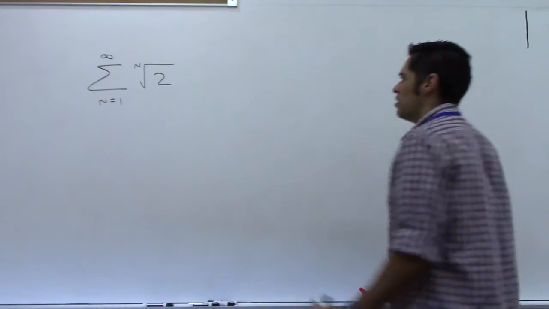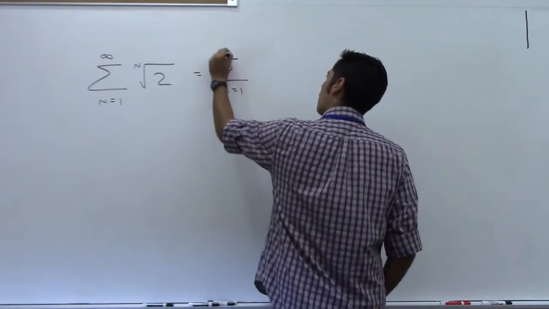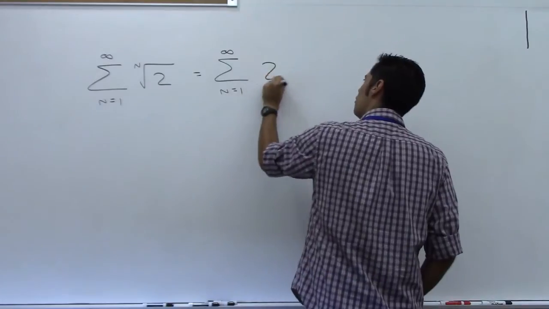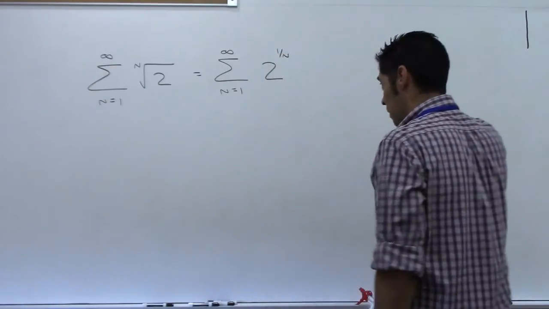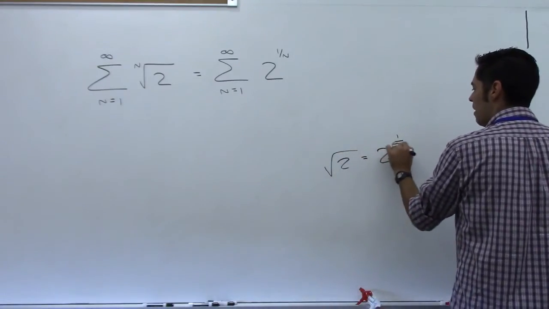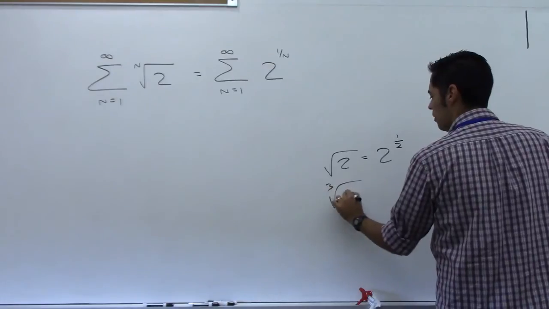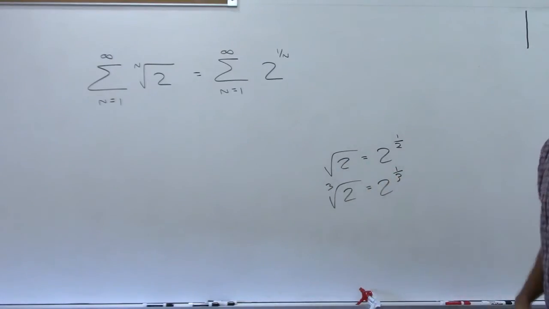Let's just make sure we understand what the nth root of 2 means. This means 2 raised to the 1 over n. That's what the nth root means. Just like if you were to have the square root of 2, that'd be 2 to the 1/2. Or if you had the cube root of 2, that'd be 2 to the 1/3. Same thing. The nth root would be 2 to the 1 over n.